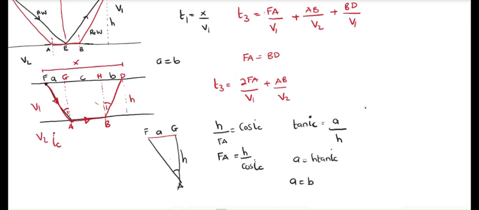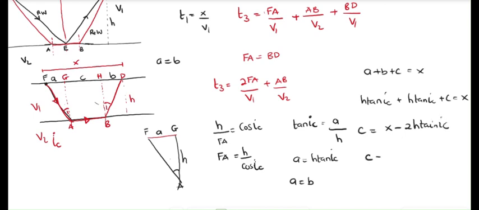And if you look at this carefully, you can see that A plus B plus C is equal to X. So I can see that h tan i c plus another h tan i c plus C is equal to X. So I can say that C is equal to X minus 2h tan i c.